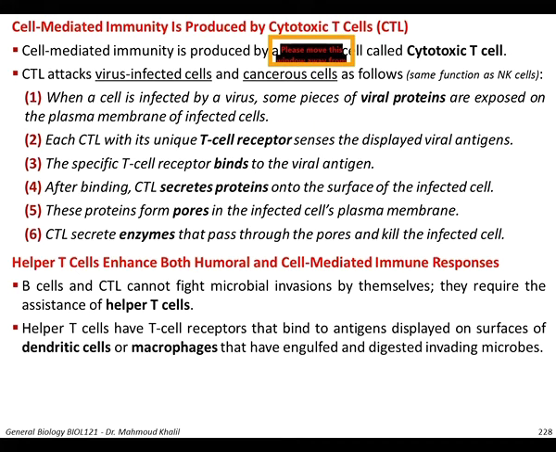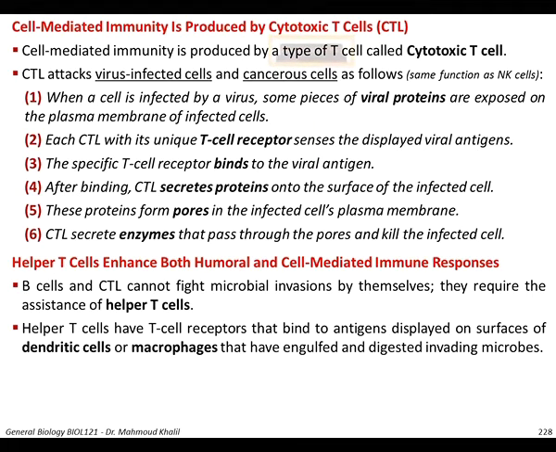Helper T cells as well have a T cell receptor that binds an antigen displayed on the surface of dendritic cells or macrophages. So initially, let's take for instance a bacteria that got inside our body.